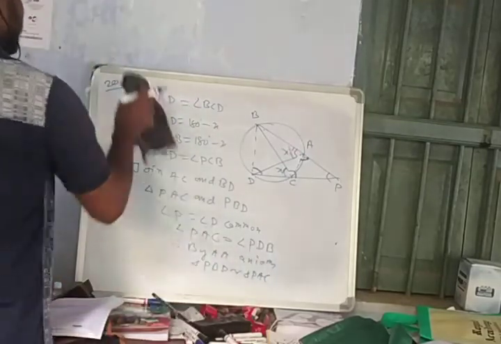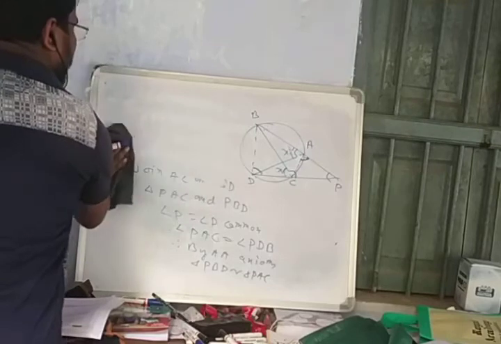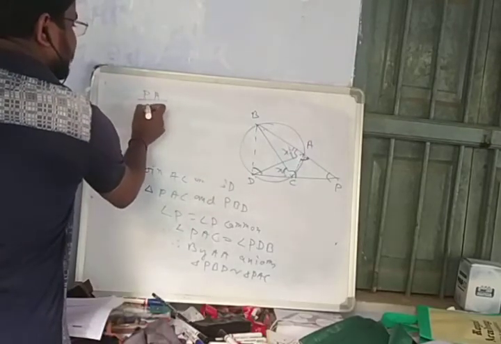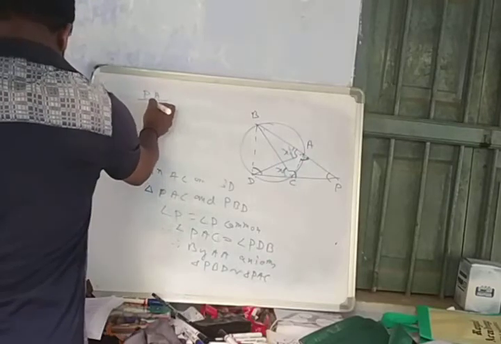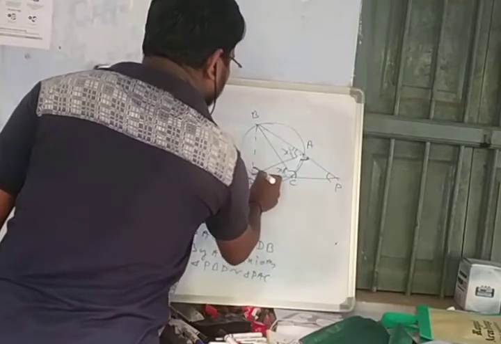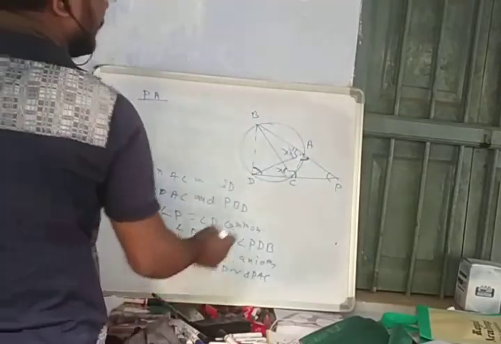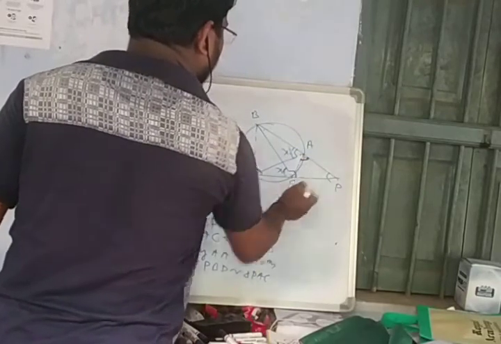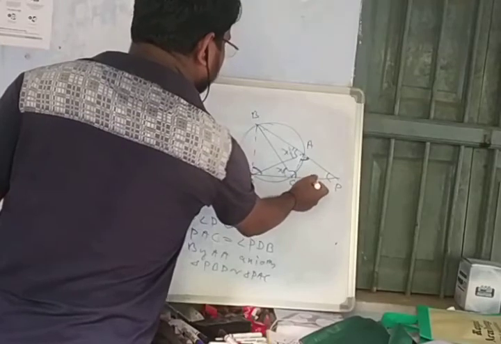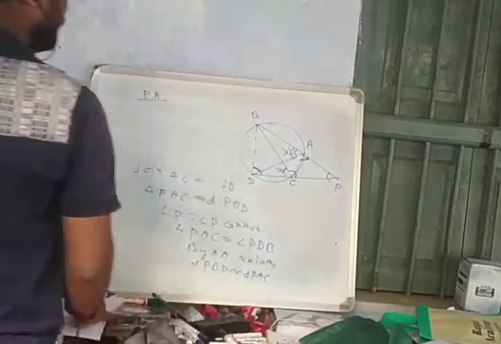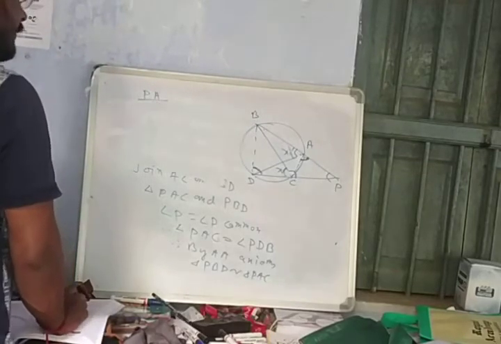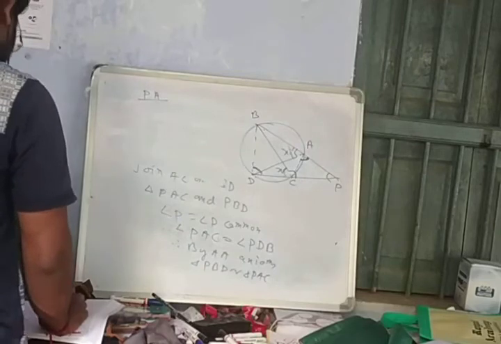When two triangles are similar, then their corresponding sides are proportional.